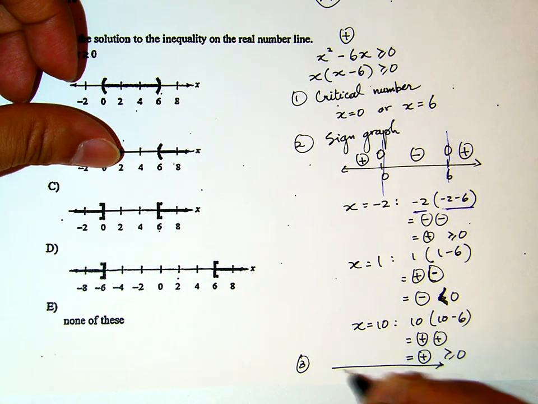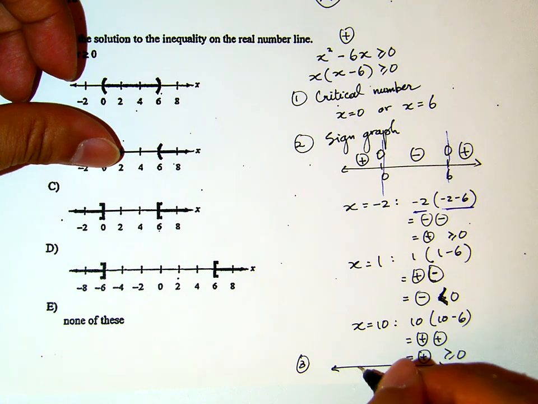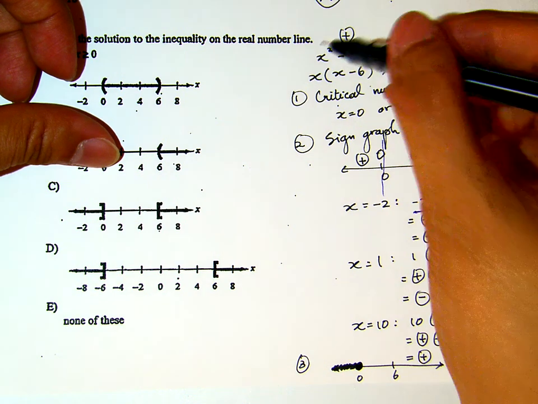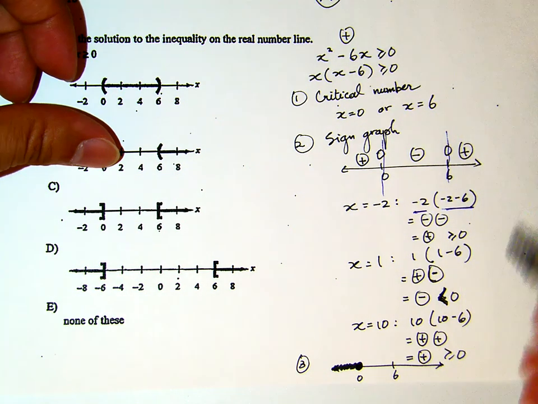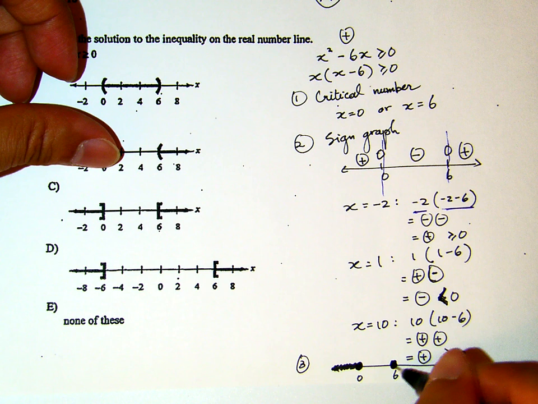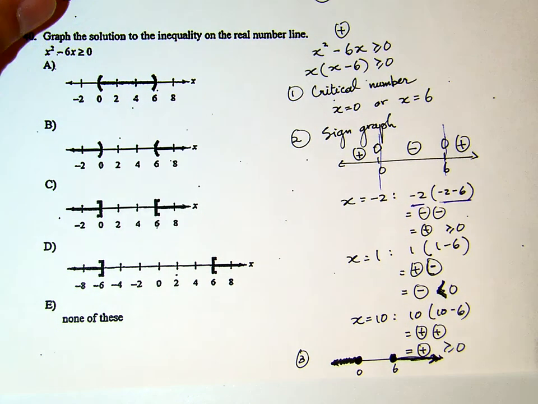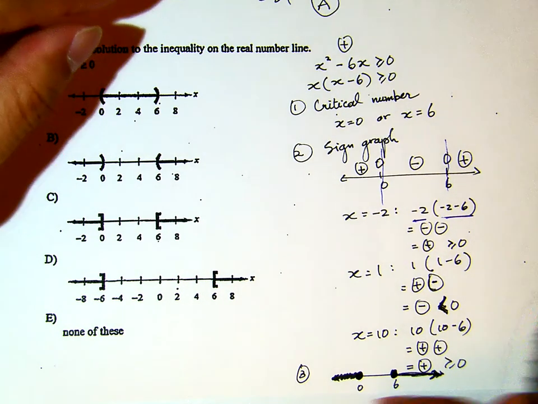If I do the shading, this is 0 and this is 6, I will shade this part here because it's positive, and I will shade the 0 also. Okay, because when x equals to 0, it is satisfying the inequality, and also I will shade this part here. You see what I mean? Okay, including the boundary 0 and 6.